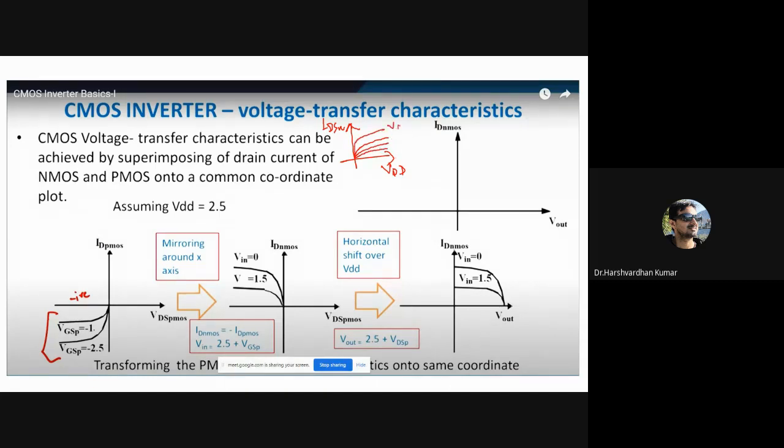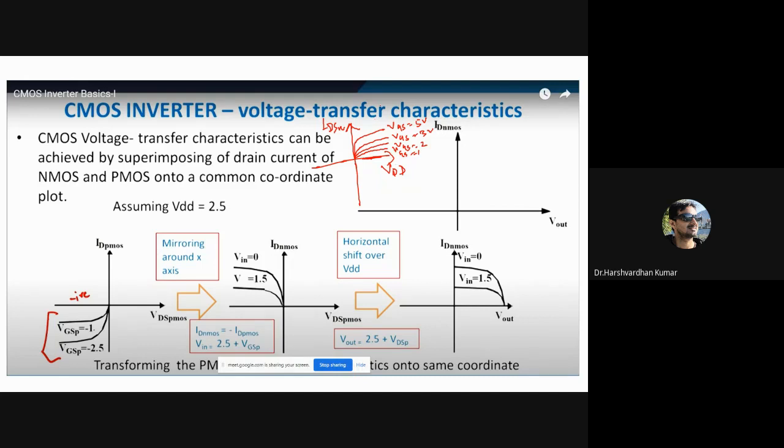Let us say VGS is equal to 5 volt, here VGS is equal to 3 volt, here VGS is equal to 2 volt, and here VGS is equal to 1 volt. For VGS 0 there will be no flow of current. Remember, this was the output IV characteristics of the NMOS transistor.